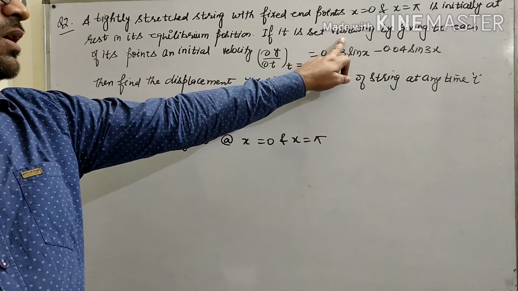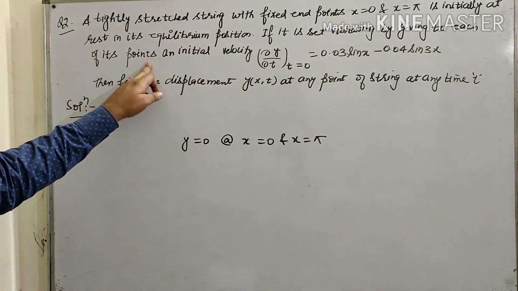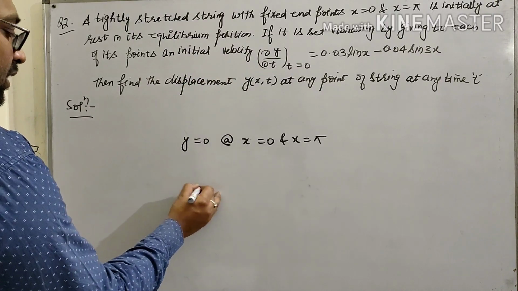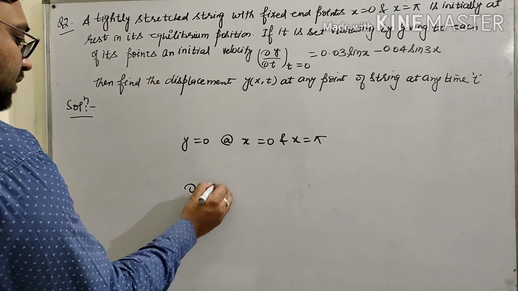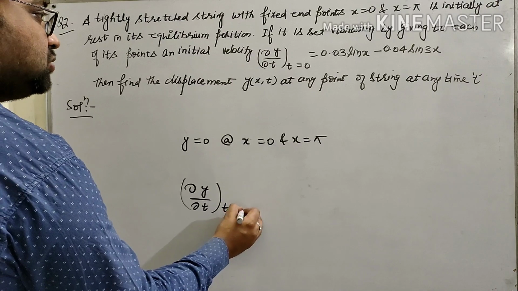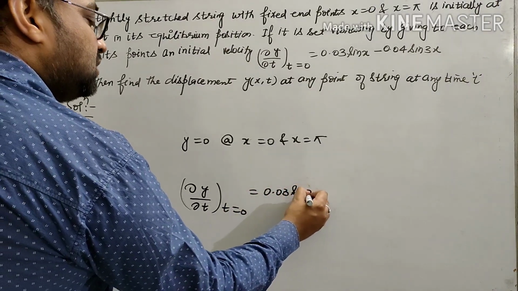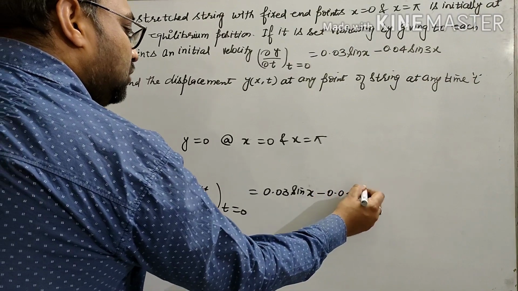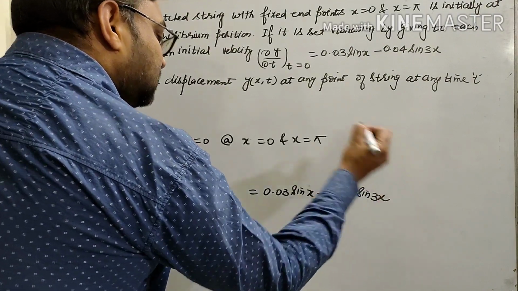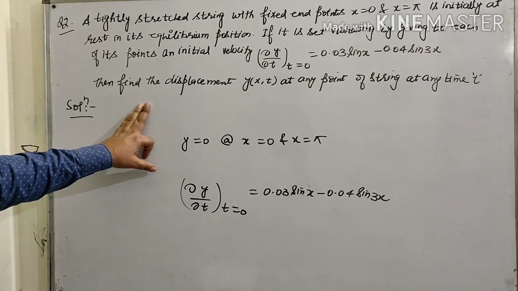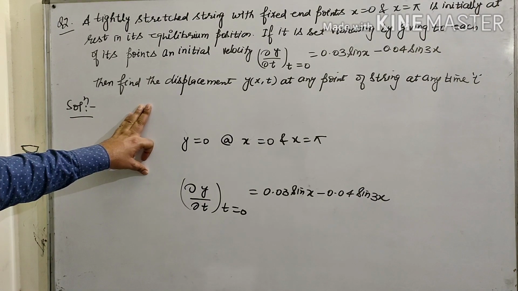If it is set vibrating by giving to each of its points an initial velocity, del y over del t at t equals 0, is equal to 0.03 sin x minus 0.04 sin 3x. Then find the displacement y(x,t) at any point of the string at any time small t.